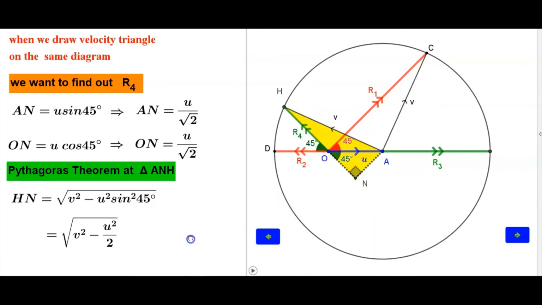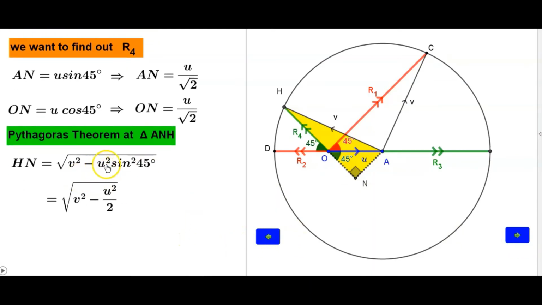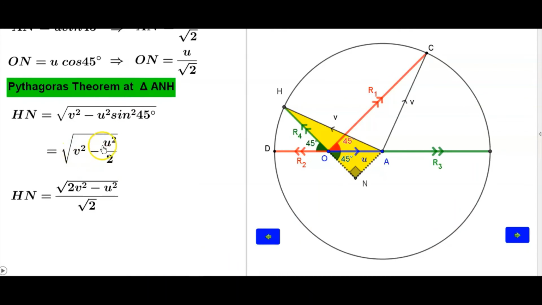Therefore, HN is the square root of V squared minus sine squared 45 U squared, which is U squared over 2. When we simplify, HN is the square root of 2V squared minus U squared over root 2. This is the HN.